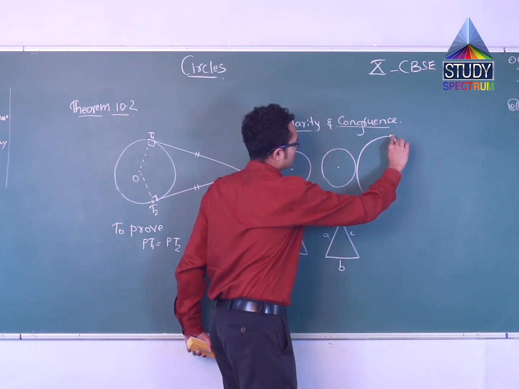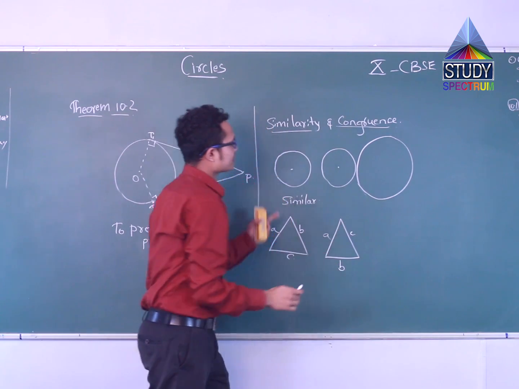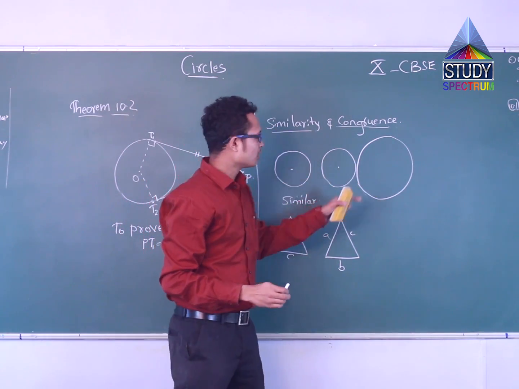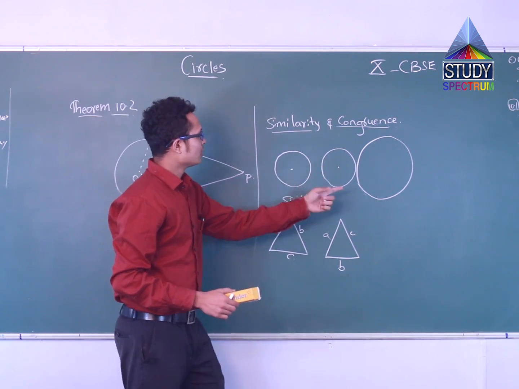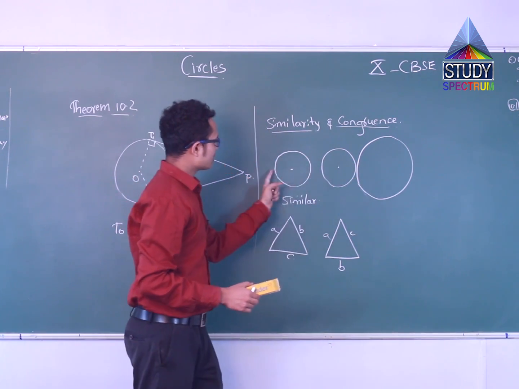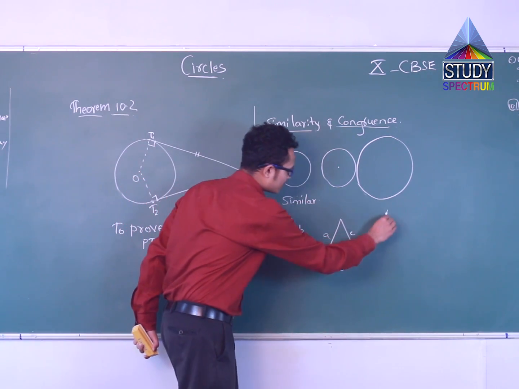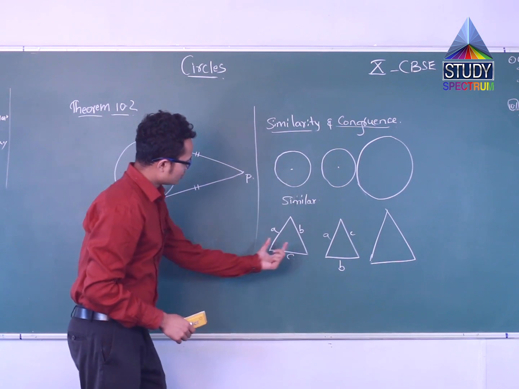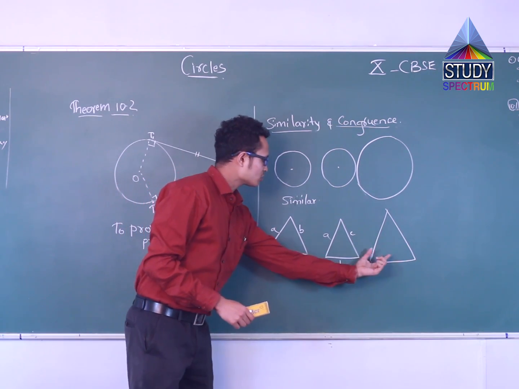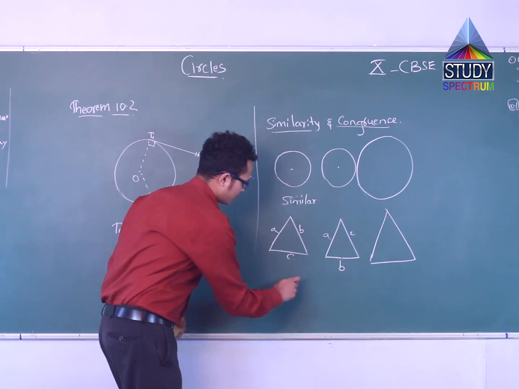Now all three circles are similar, but they are not congruent. Only these two circles are both similar and congruent, but this circle is similar to the other two. Similarly, when I am drawing a bigger triangle like this, this triangle is similar to these two triangles, but it is not congruent to either of the two triangles drawn here, figure 1 or 2.